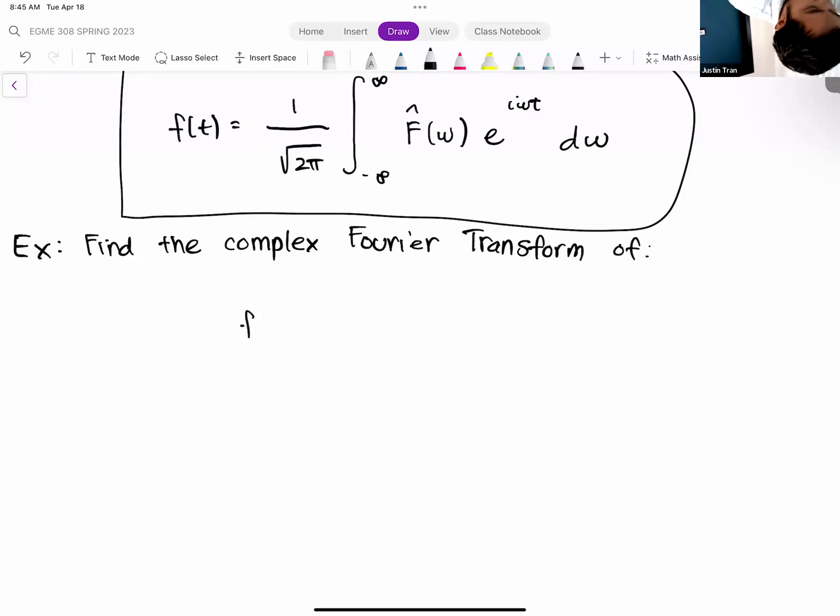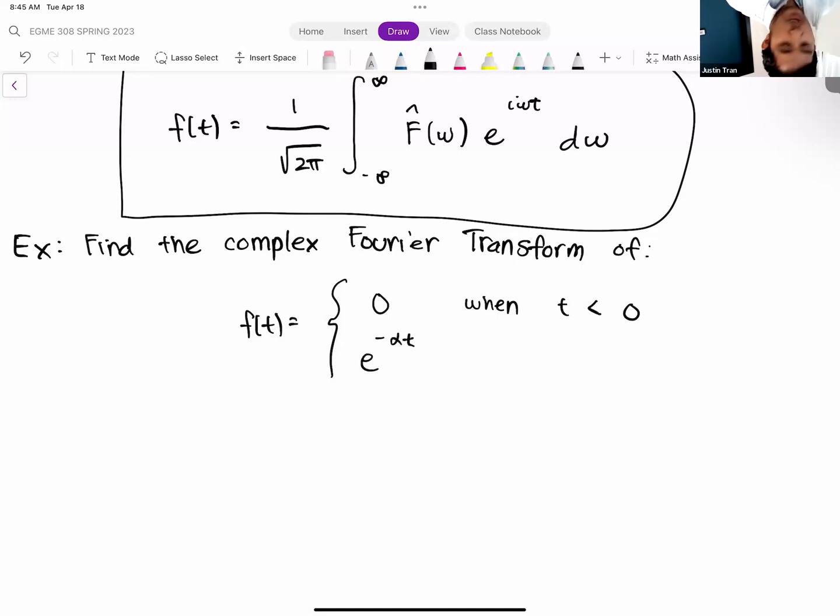We have f of t is equal to, and f of t is going to be equal to 2 different zones here. So we have 0 when t is less than 0. And when t is greater than 0, f of t is going to take the form e to the minus alpha t.